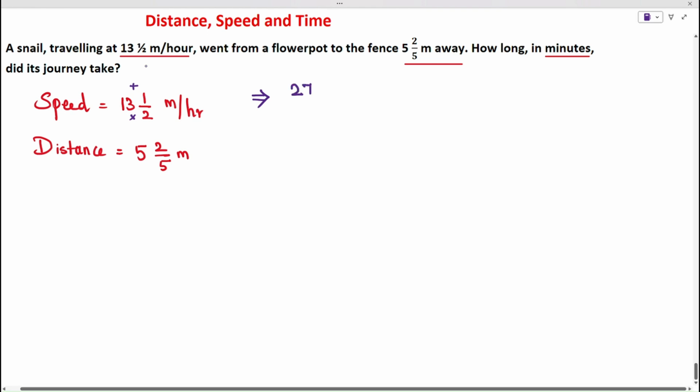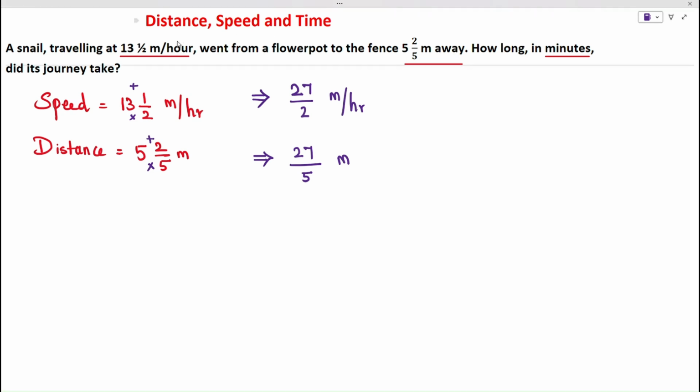So we have 27 in our numerator and 2 in our denominator. In the same way, we're going to do it for distance: 5 times 5 gives us 25, plus 2 gives us 27. So you have 27 over 5 meters as our distance.